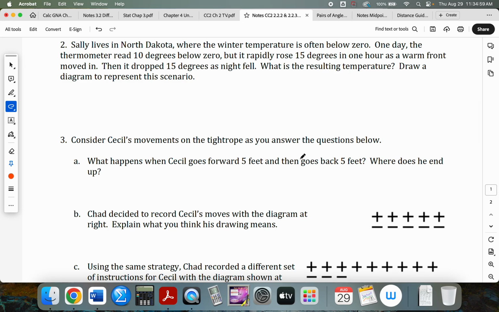So Sally lives in North Dakota, where the winter temperature is often below 0. One day, the thermometer read 10 degrees below zero, but it rapidly rose 15 degrees in 1 hour as a warm front moved in. Then it dropped 15 degrees as night fell. What's the resulting temperature?